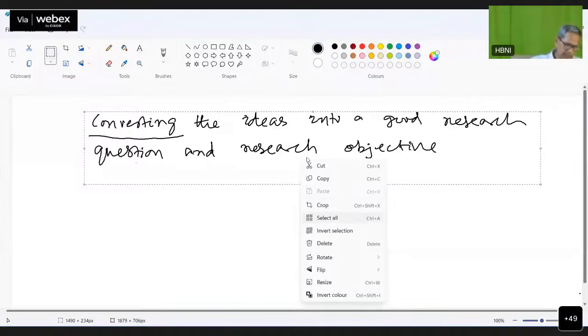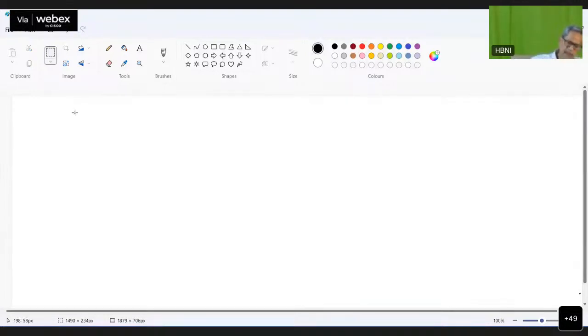The first, let us understand what are the attributes. What are the attributes of a good research topic?